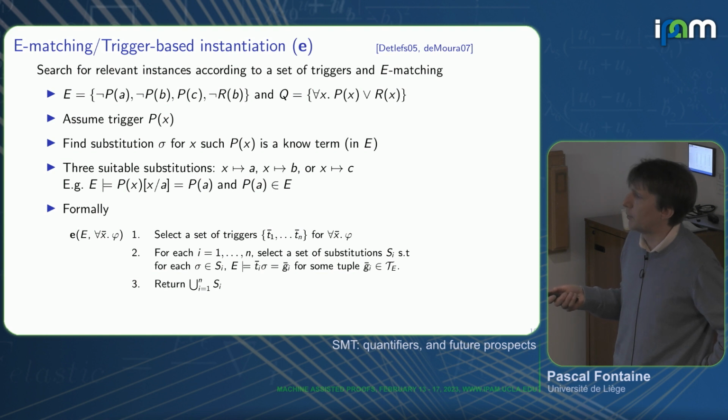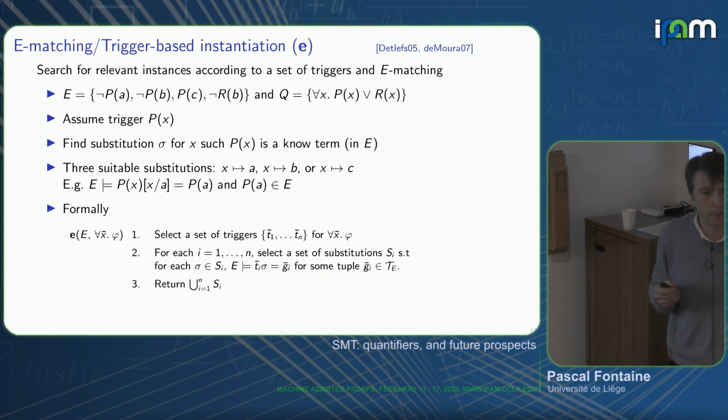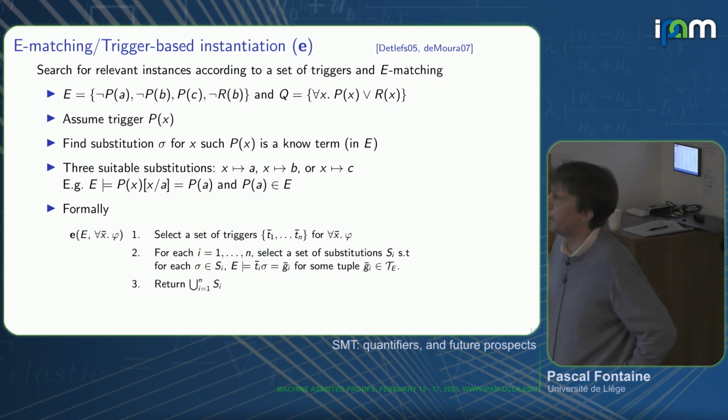So we have three available substitutions, and you can generate formulas for X equal A, or X equal B, or X equal C, and you see that if I generate the one for B, it will kill my model here.